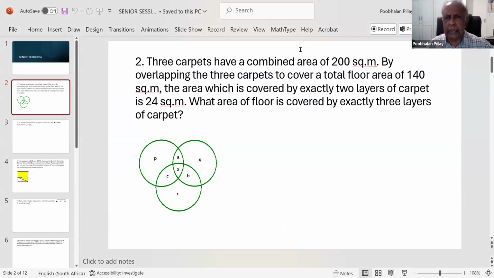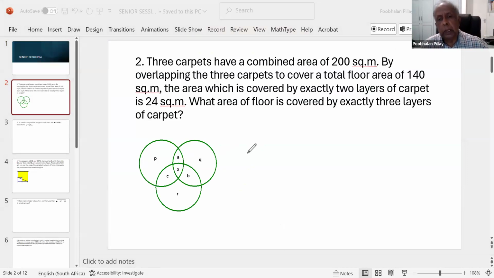Okay, so what we have here is the problem which says 3 carpets have a combined area of 200 square meters. What does that mean? It means that if you place those carpets side by side, totally the entire area will be 200 square meters. Just remember that. By overlapping the 3 carpets, the way the diagram shows, with one carpet on top of the other, the total area that is covered is 140 square meters.